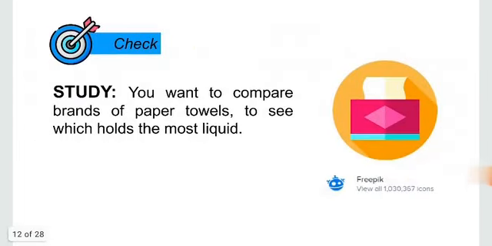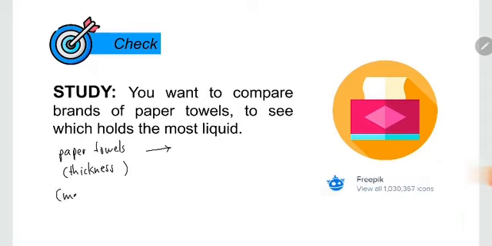Another study. You want to compare brands of paper towels to see which hold the most liquid. Paper towels o mga tissue, for example. Siyempre, iba't ibang brand, diba? So, you can have different thickness.